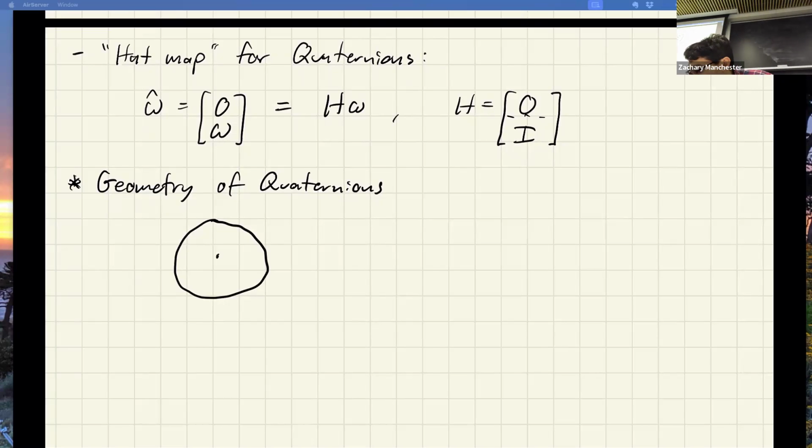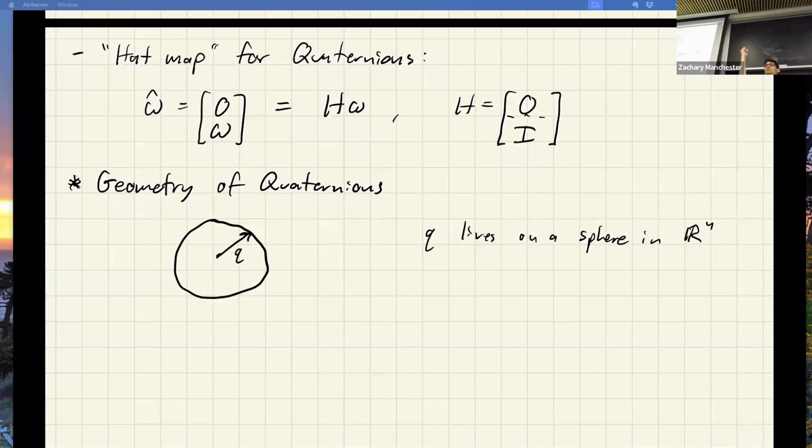Okay, so let's say I've got the sphere, and I have this quaternion over here, Q. Let's write that down. Q lives on a sphere in R4. How about Q dot? Where does Q dot live?